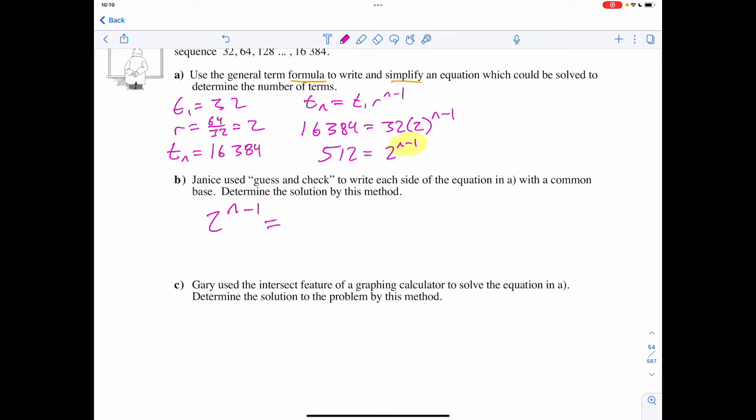And she said that was 2 to the power of 9 was what gave her 512. If that's true, then looking up at the top here, the n minus 1 has to equal 9. So the n value, when I add 1 to both sides, would be 10, and there's 10 terms.